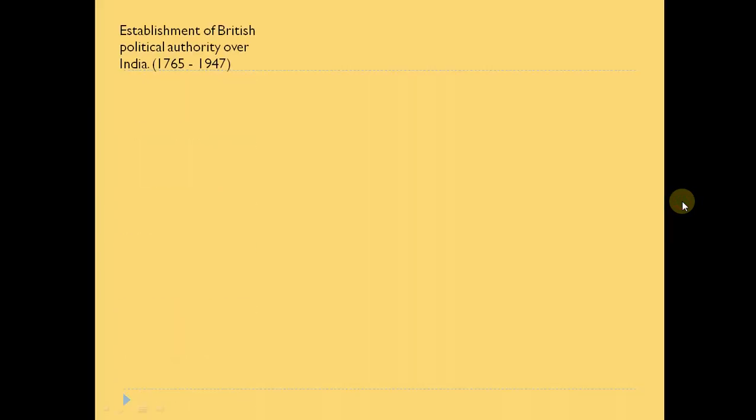Okay, so now, to revise whatever we have studied: British political authority spanned over India from 1765 to 1947. At the same time, we see an industrial revolution in England from 1760 to the 19th century.